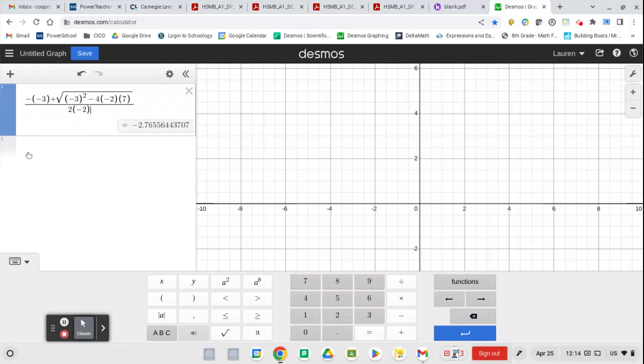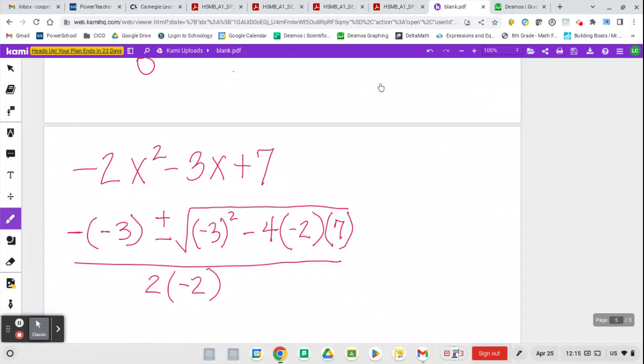So I got negative 2.76 something, something, something. Yep. And then you copy and paste it and put a minus, and you get 1.2565. This is an instance where they would leave it as, I'll show you, like their answer would be this.